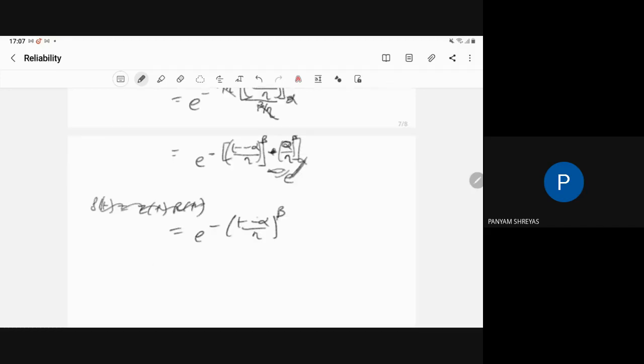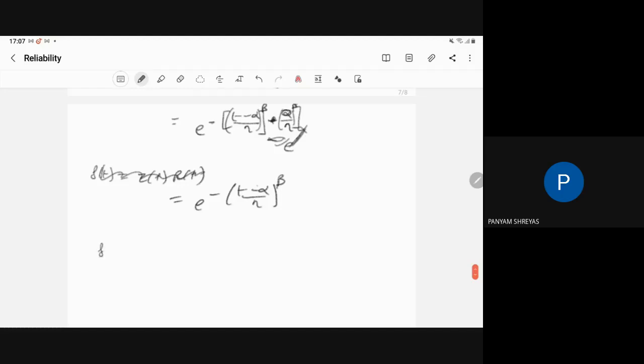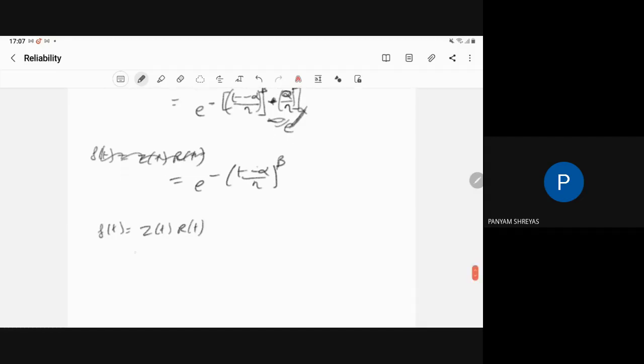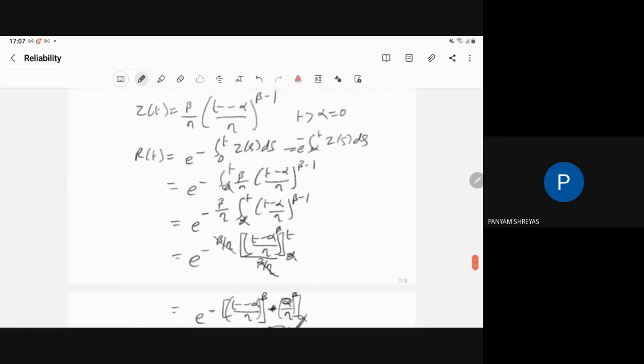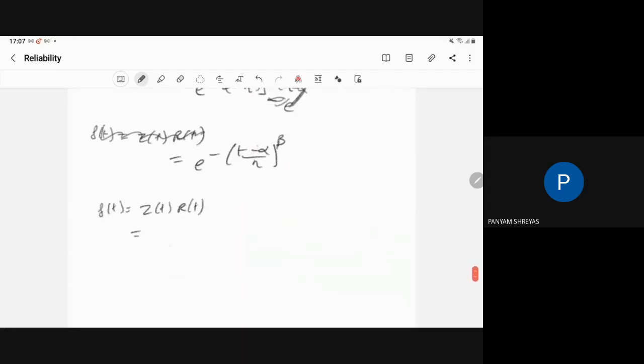So this is the reliability. So when we have f(t) equal to what? z(t) into R(t) by the same theorem. z(t) is given to you as beta upon eta into (t minus alpha) upon eta to the power beta minus 1, and R(t) is equal to e to power minus (t minus alpha) upon eta to the power beta.